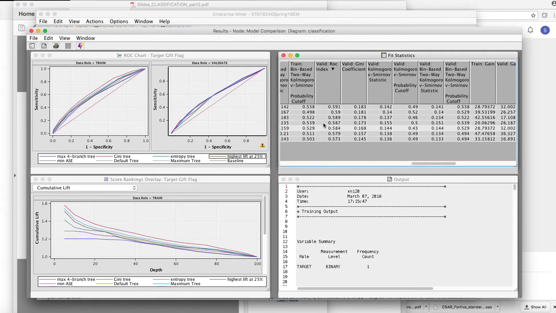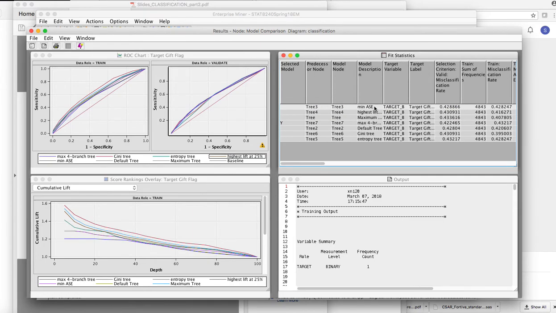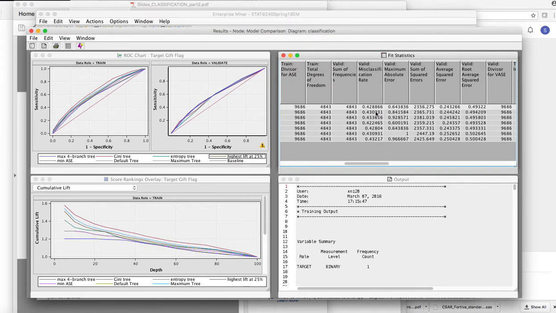It's not actually very significant because it's a third-digit jump in my ROC index. And the best ROC is the tree generated based on minimizing average square error. So this is my introduction to the ROC curve.